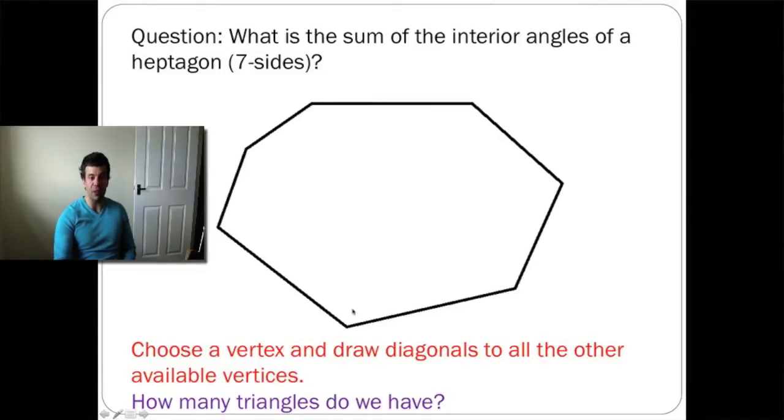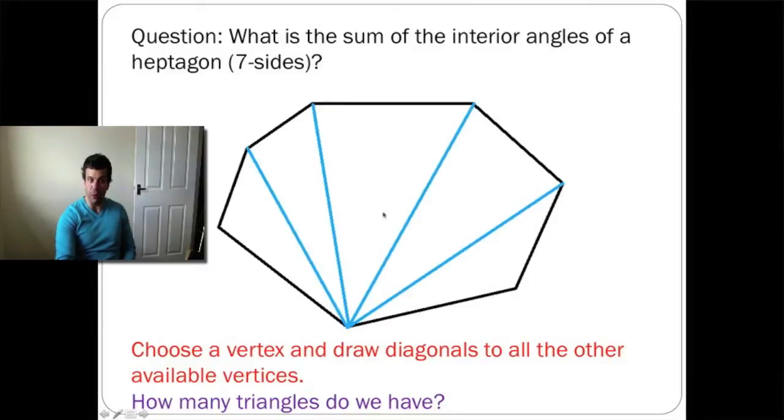I'm happening to be choosing the bottom one again, and join up to all the other corners or vertices that are available. This corner's on an edge, they share an edge, so it's not available. Likewise with this corner. However, this vertex, this corner and this corner are all available. 4 diagonals and 1, 2, 3, 4, 5 triangles.